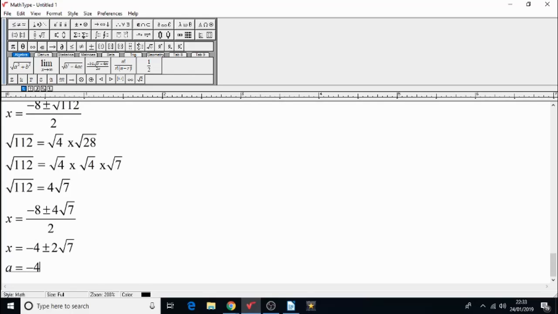So a would equal minus 4 and b would equal 2. And that is how you solve quadratic equations using the quadratic formula. Thank you for listening and goodbye.